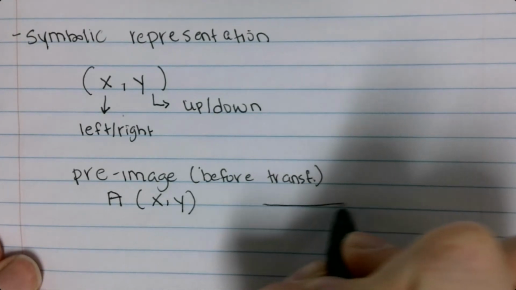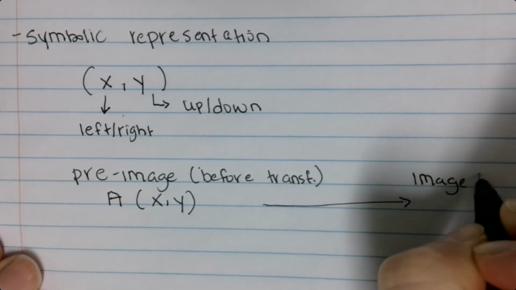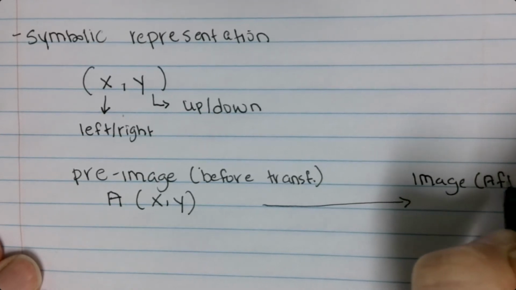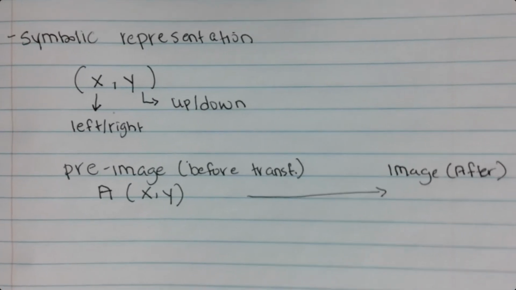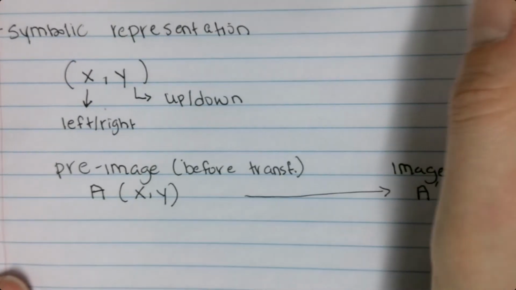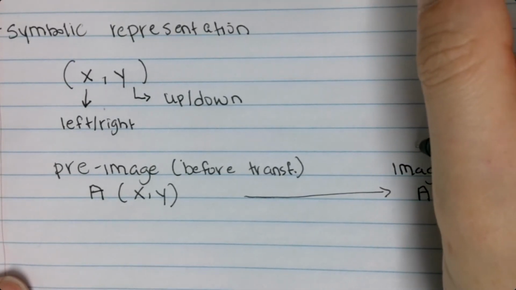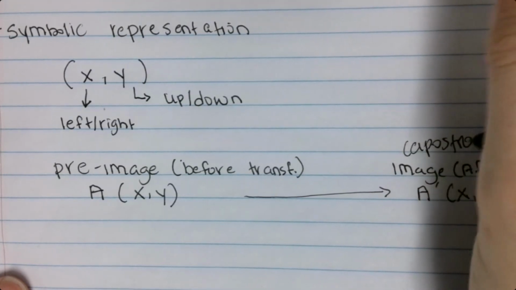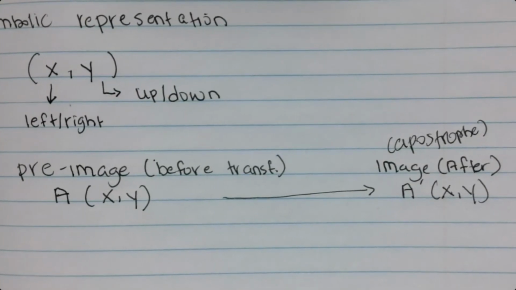Then we're going to end up at the image, which is after the transformation. And after the transformation, remember how we talked about that's going to be x prime, y prime. So remember, it's going to have an apostrophe. Remember how we talked about that image has the apostrophe.